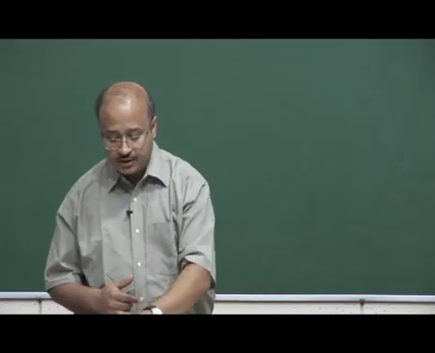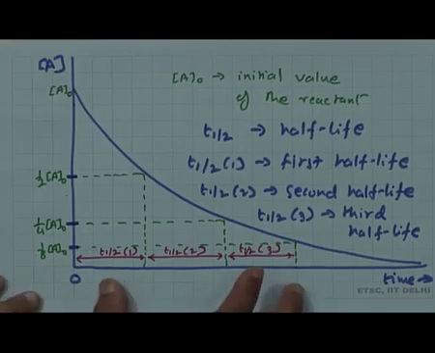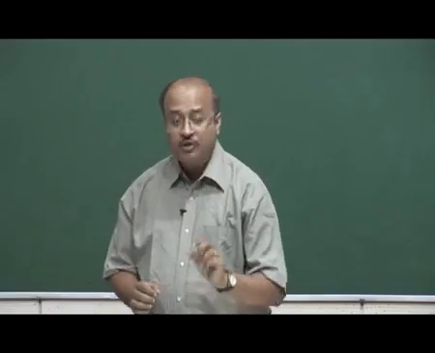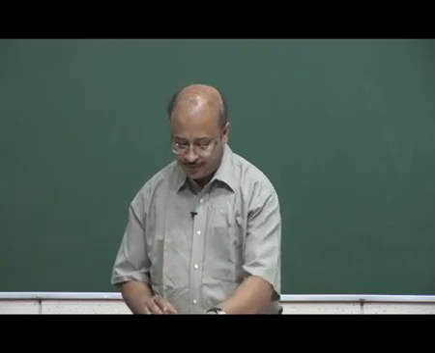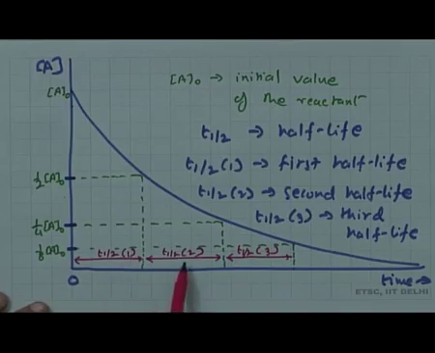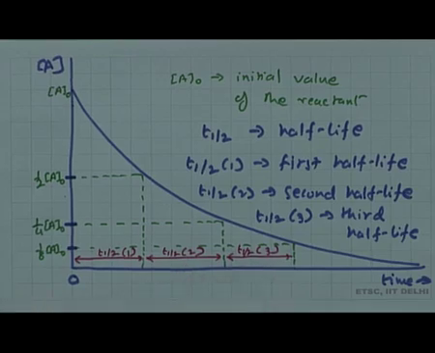But at least let me tell you this: if you consider this kinetic scheme, though it is not drawn to scale, what you would realize qualitatively is that T half 1 is equal to T half 2 is equal to T half 3, which means that no matter at what point of this reaction you are, the half life is always the same. That means the half life is independent of the concentration of your reactant, right.